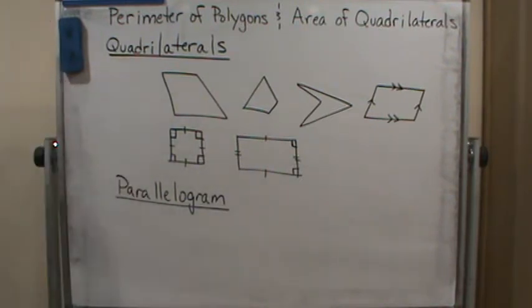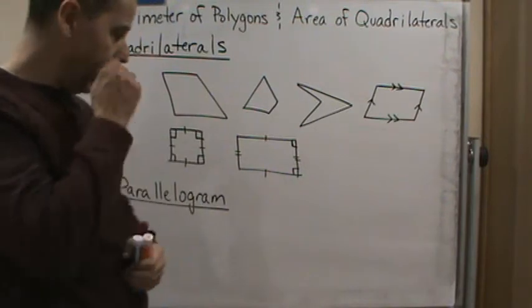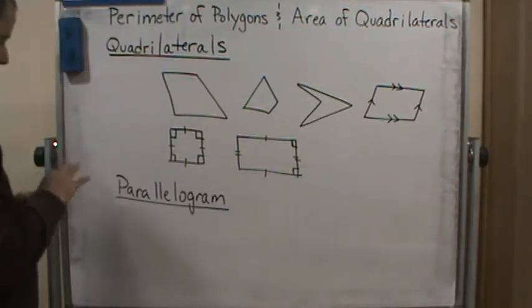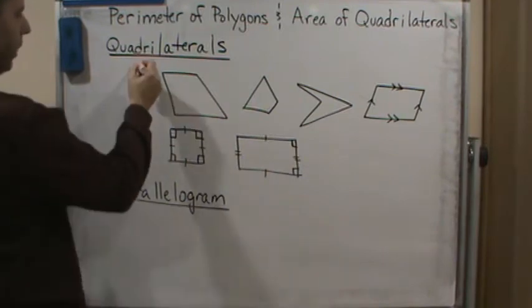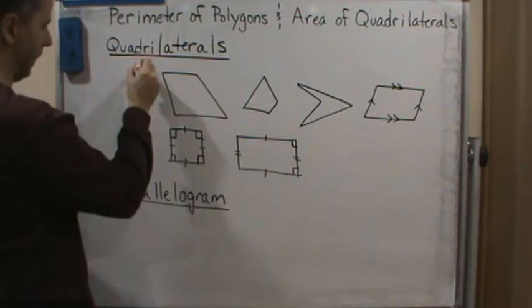Now, what else do we know? Well, within parallelograms, we can subdivide even further. So we've got quadrilaterals, but not all quadrilaterals are parallelograms.